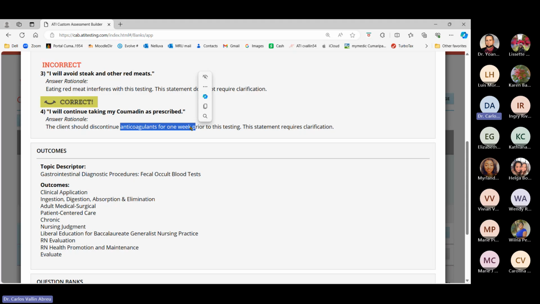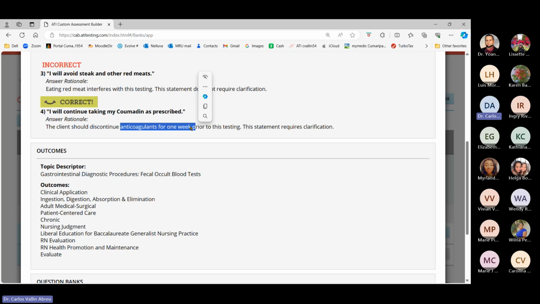And the nurse is not going to discontinue for 1 week this anticoagulant, and is not going to recommend the client to discontinue that. Please don't do that. Sometimes people that write questions don't think twice about the damage that can be produced in a nurse student when they make those statements.